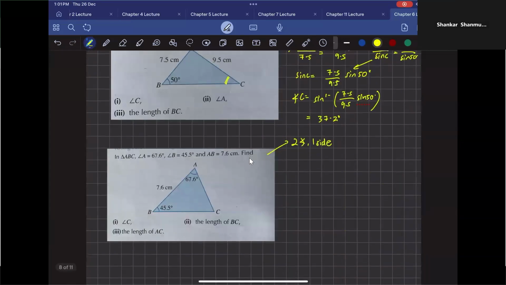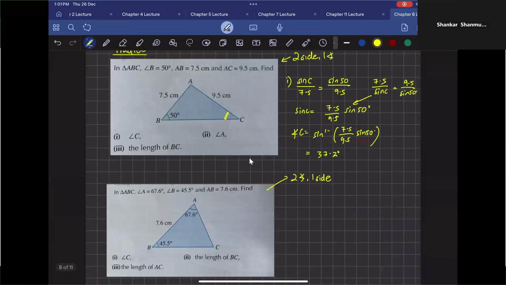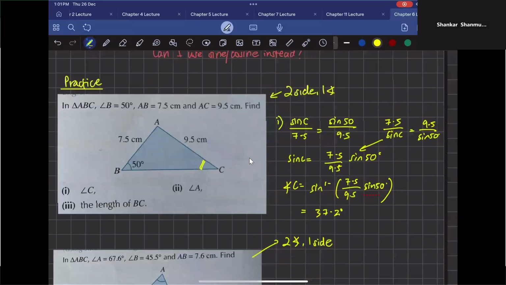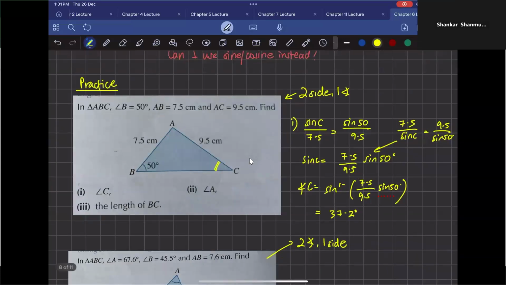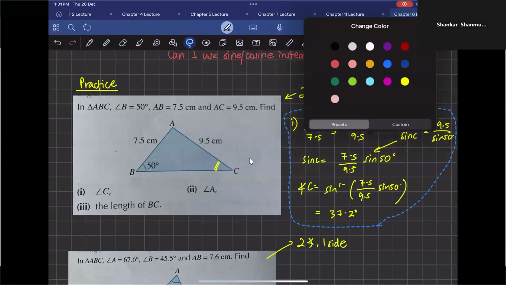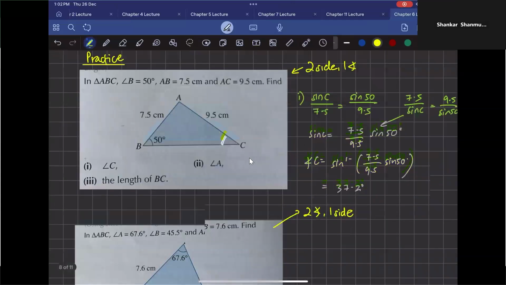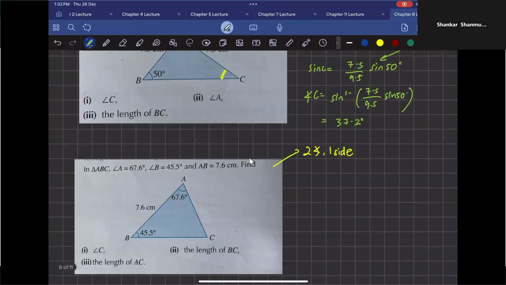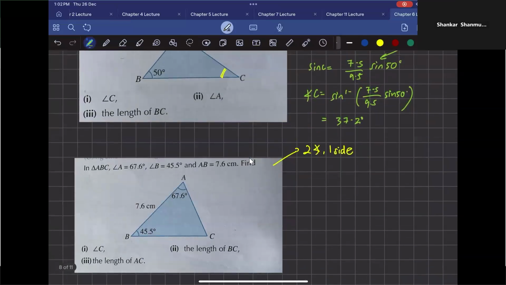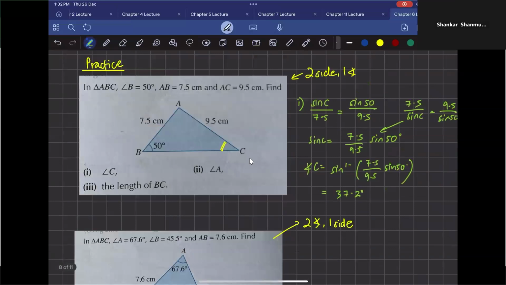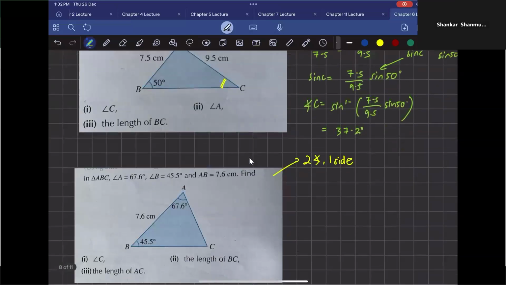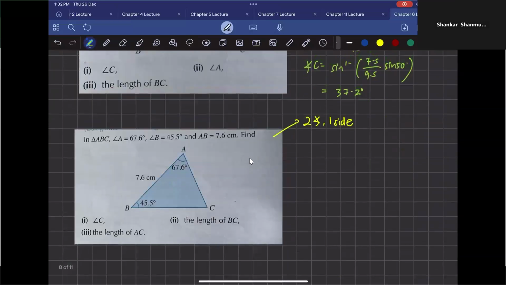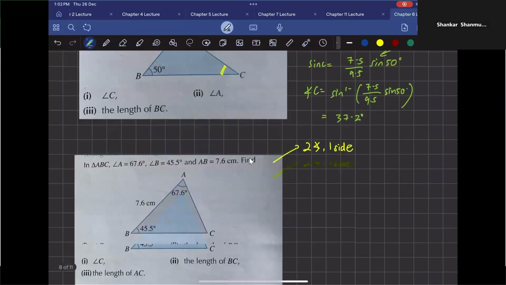So yeah. So this is for questions where you have two sides and one angle. But what if it's two angles and one side? So again, it's the same thing.